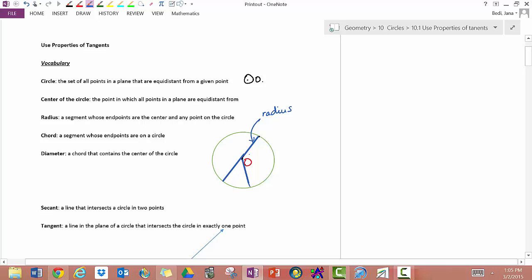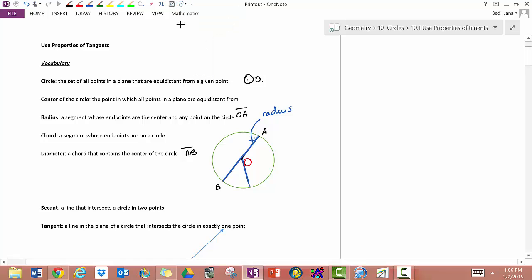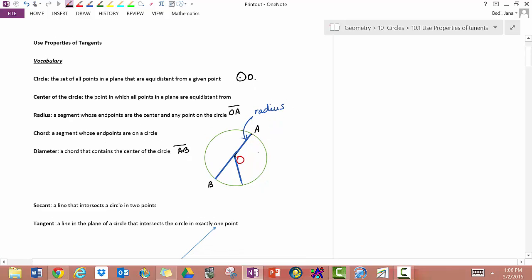Okay, let's call this A, B. So the diameter is segment AB, the radius is segment OA, and a chord is a segment that intersects a circle in 2 points.